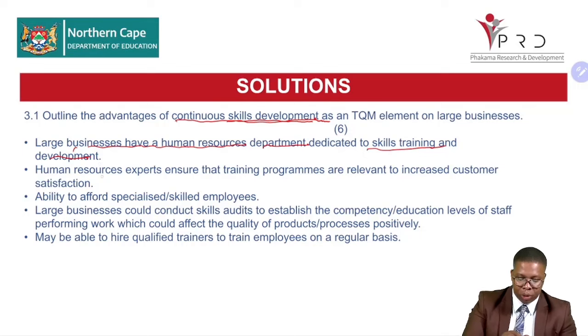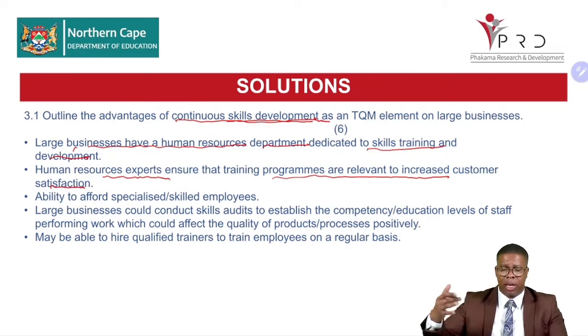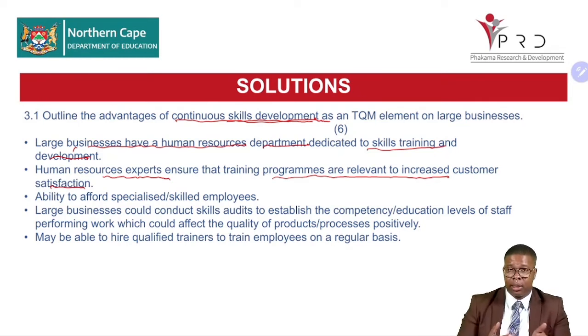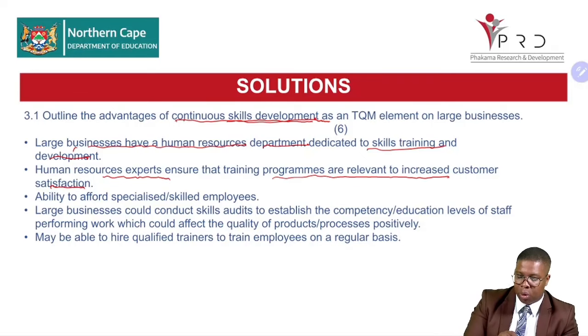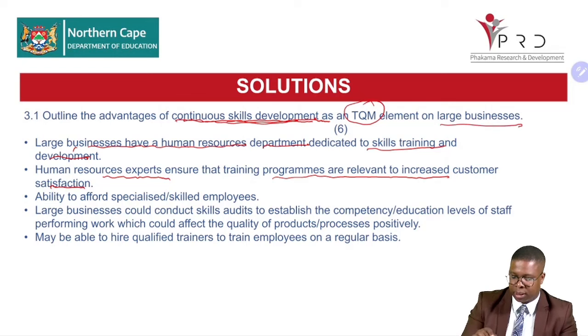Then number 2, human resource departments or experts ensure that trainings are relevant to increase customer satisfaction. So that's why it is easy for a large business to improve the skills of the workers continuously. Hence, we say the advantages of continuous skills development as a TQM element on a large business.